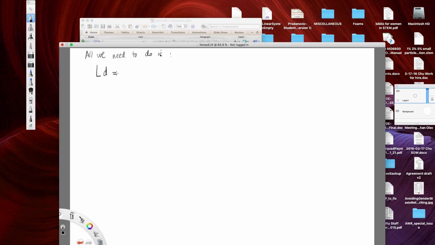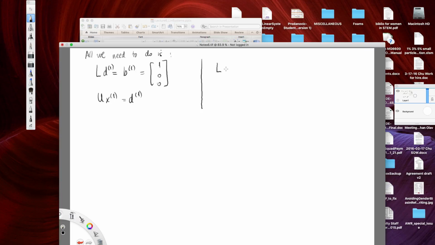LD equals B, and I'm going to call that B1, so LD1 equals 1, 0, 0. And then UX1 will be this D1. That's the first set of systems I need to solve.